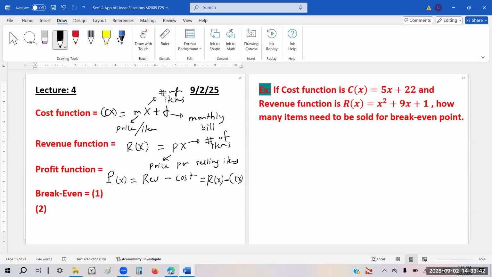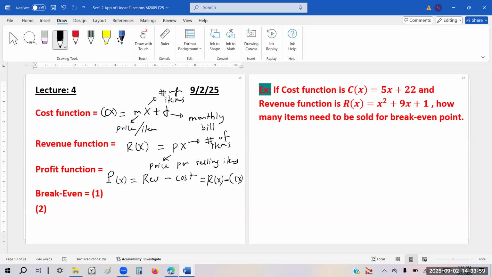Basically, whatever you get back, you subtract how much you spent for your items, and whatever is left over is your profit. So profit is revenue minus cost.